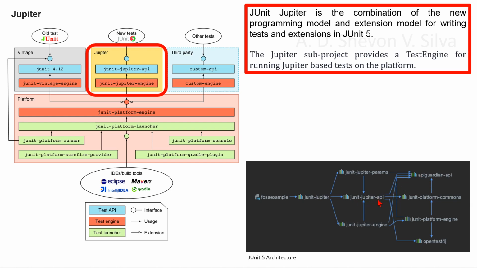Here JUnit Jupiter API is connected to API Guardian API, JUnit Platform Commons, and OpenTest4J. Here JUnit Jupiter Engine is connected to API Guardian API and JUnit Platform Engine.